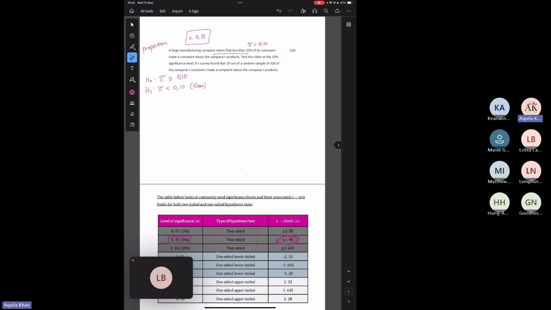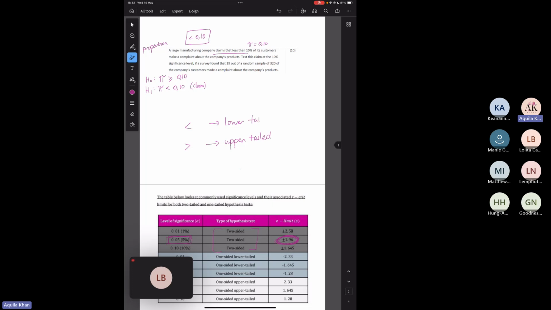Now, I said to you also last week, whenever you need to know the type of test that you're working with, just look at the sign in the alternate hypothesis. If the sign in the alternate hypothesis is the less than sign, which is the case in this example, it's a lower tail test. If there is a greater than sign in the alternate hypothesis, then it is an upper tailed test, a one sided upper tailed test.